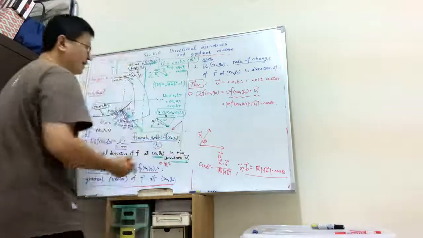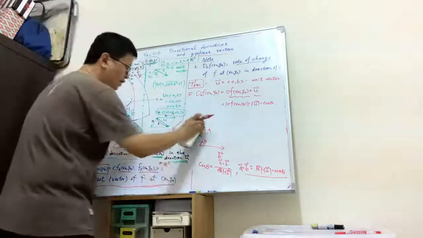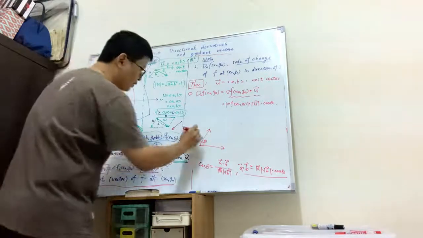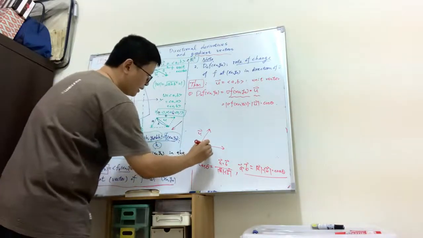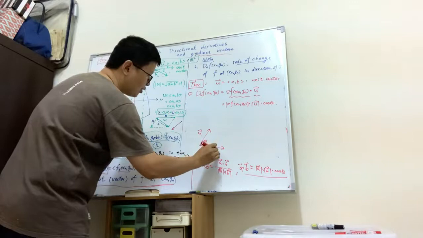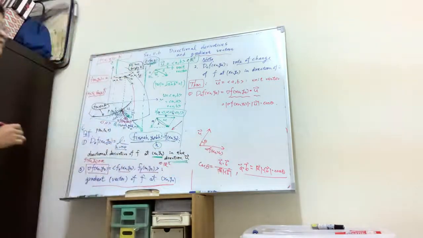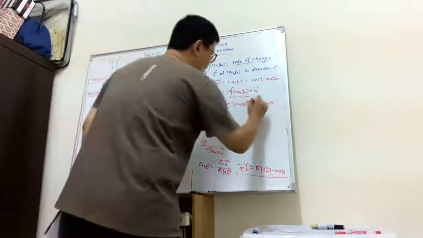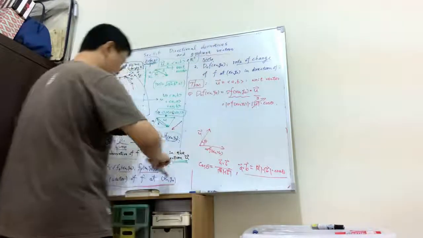Theta means the angle between them. So in this example, it is our u and our gradient f(x0, y0). But u is a unit vector, so its length is equal to 1.